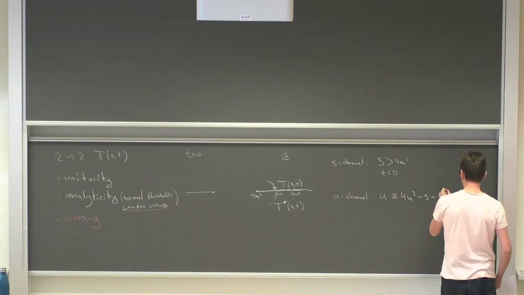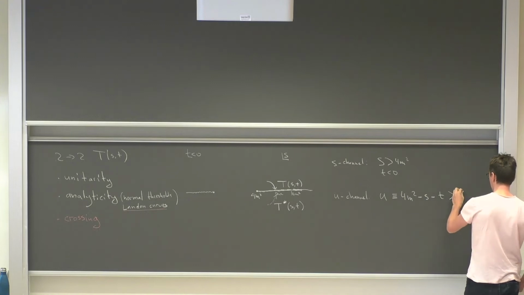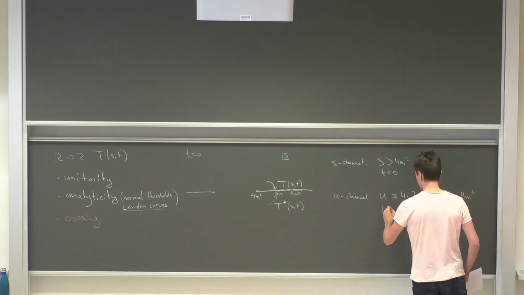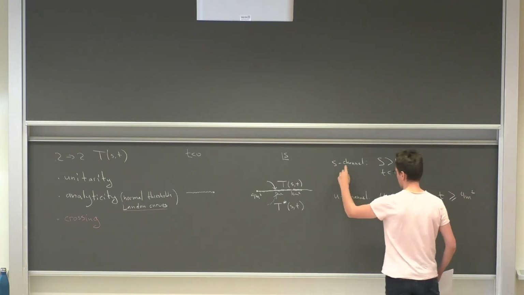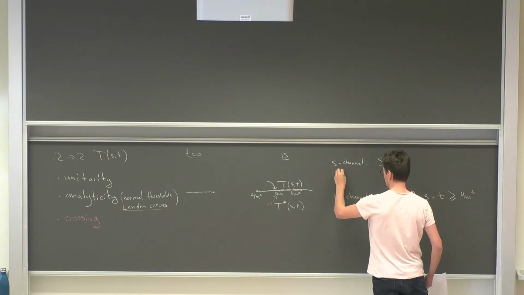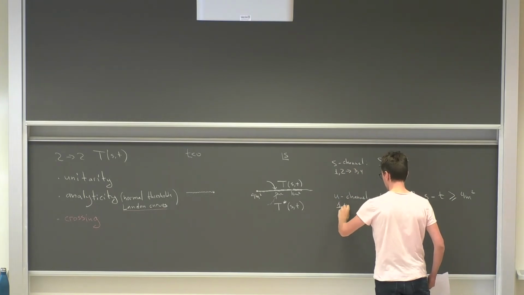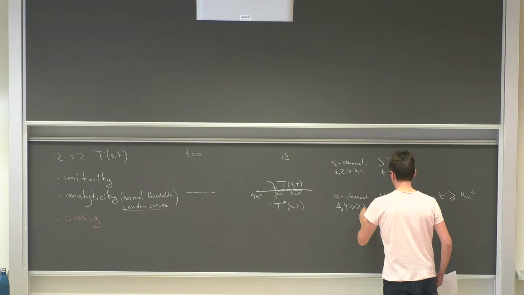When this becomes larger than 4m squared, and t can also be negative, this is a physical U channel. The S channel describes scattering of particles 1, 2 going to 3, 4, and the U channel describes 1, 4 going to 2, 3.